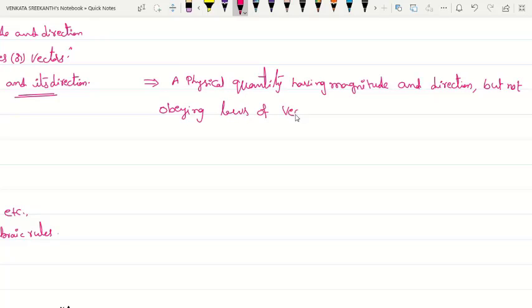What are the laws of vector addition? Please recall. Laws of vector addition means the polygon law, parallelogram law, and triangle law of vector addition. A quantity not obeying these is treated as a scalar. For this one, the best example is electric current.